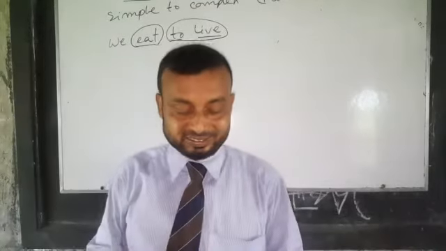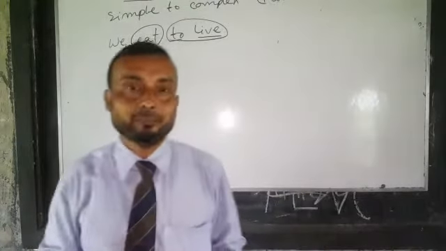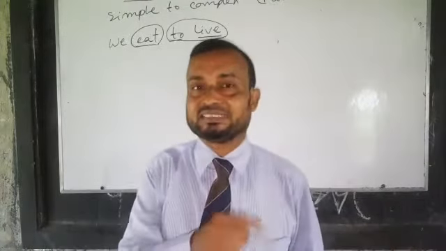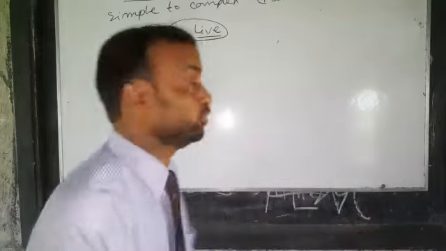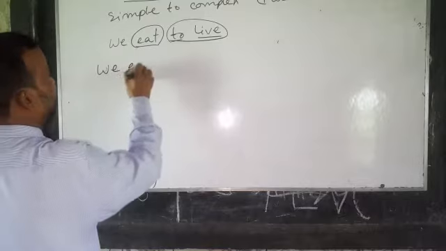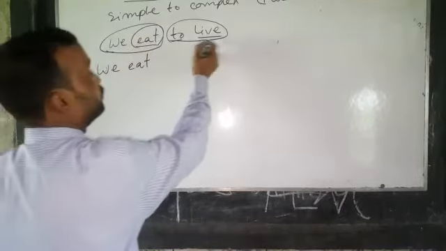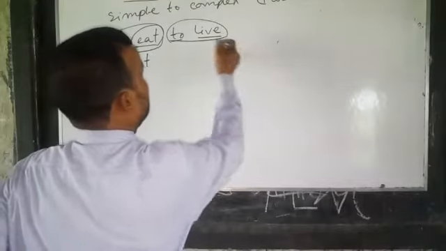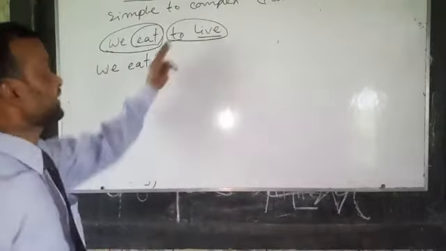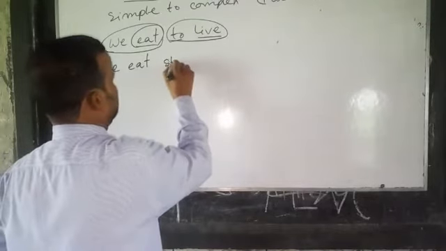So if there is an infinitive or to plus verb in a sentence, then we eat, this is the principal clause, and then we have to make a subordinate clause from this. In that case we have to use the connector so that.